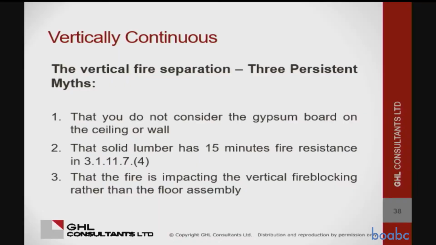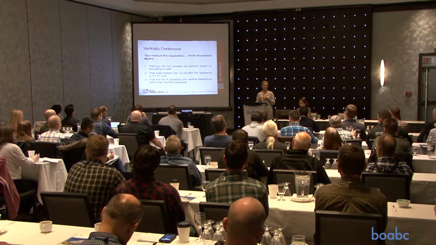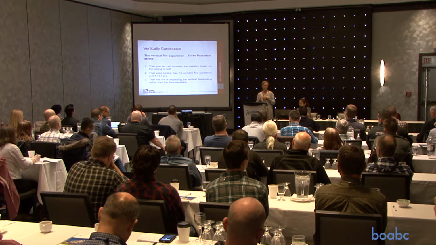Okay, and so when we're doing this vertically continuous thing, there are these ideas out there that, firstly, you can't consider the ceiling, or I hear often, well, what if the fire starts inside the floor? Or what if the fire starts inside the wall? And I don't believe that's the fire scenario that the building code's trying to address.